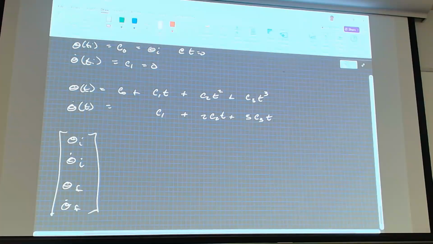I want the C's. I have expressions for all of these terms: theta I, theta F, theta dot I, and theta dot F.